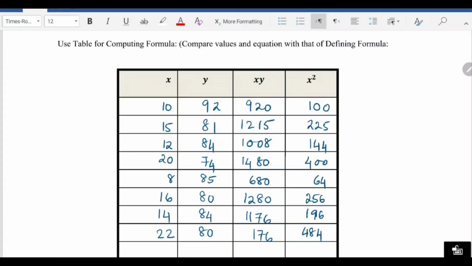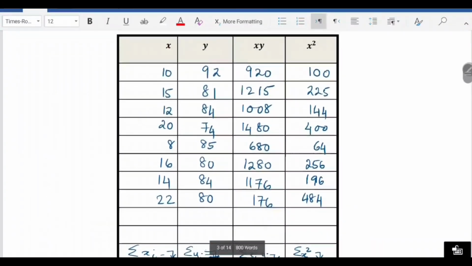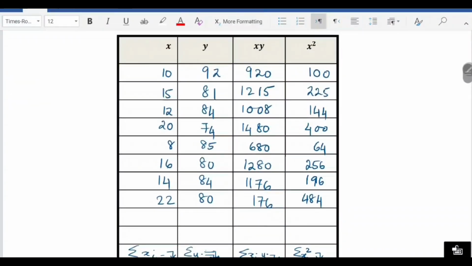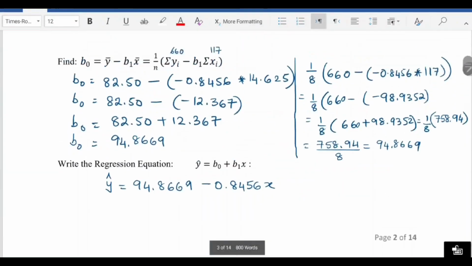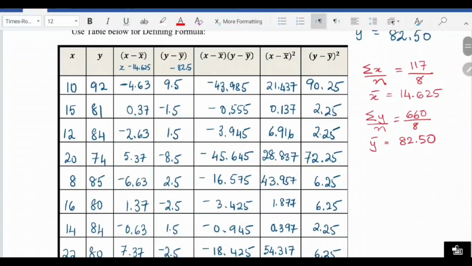Now we are going to work the same problem using the computing formula, but as you will see, the computing formula is supposed to be faster and more efficient, and you will note already by looking at the table that we have fewer columns than we had using the defining formula.